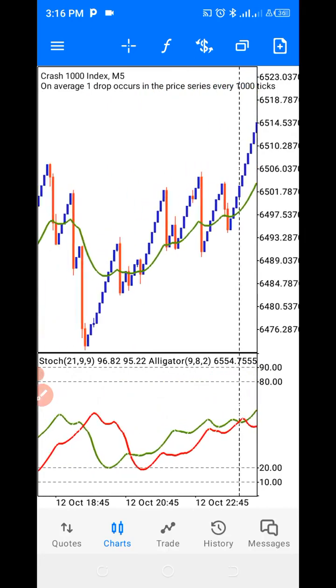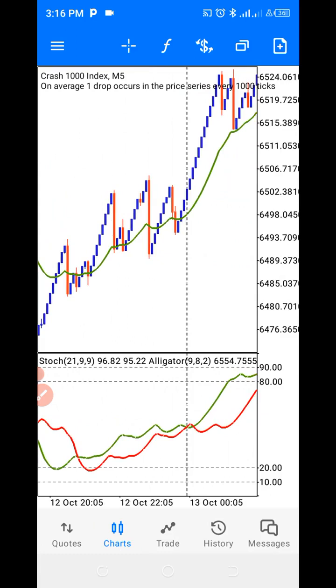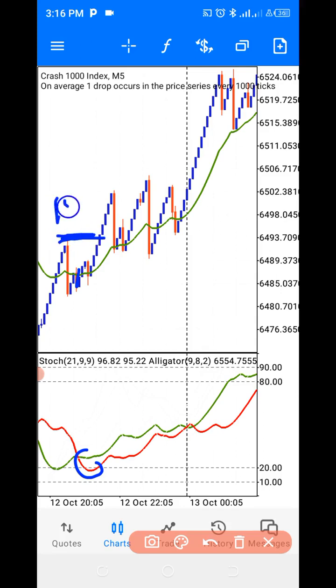This is another example here, right? Look at now, you have the crossover here. This was the last swing high, so your TP can actually be more than that. But to be on the safer side, just target the previous swing high, and your stop loss will be below the swing low.